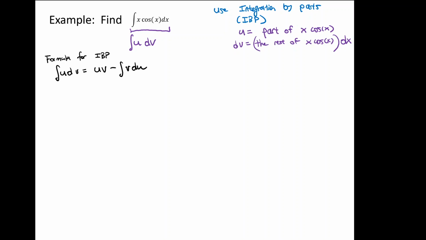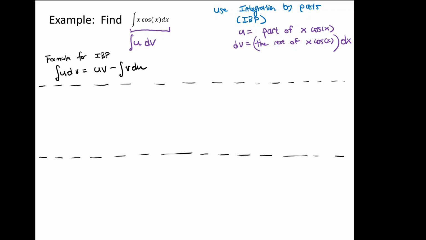To use this formula, we need all of the ingredients in it. I'm going to split the problem into two cases, because we really have a choice here. So I'll call this attempt 1.